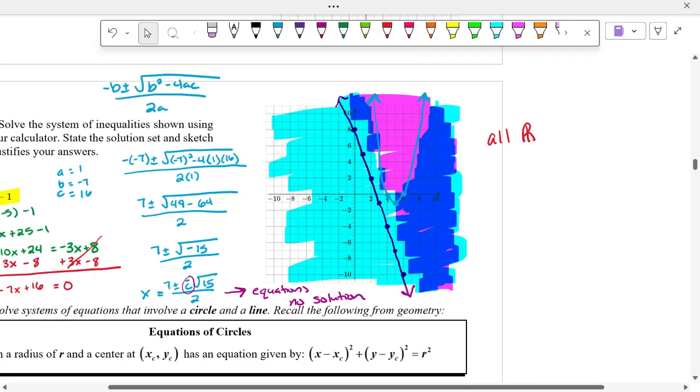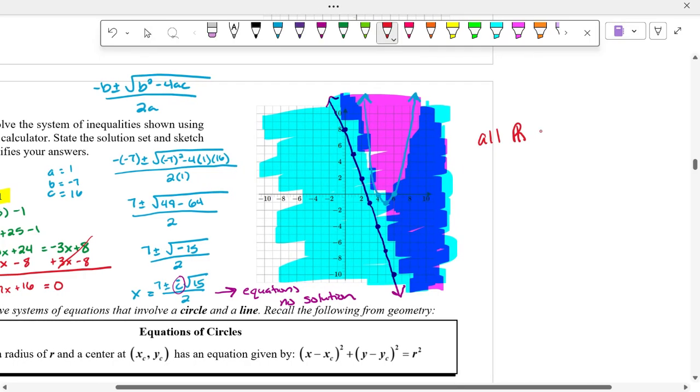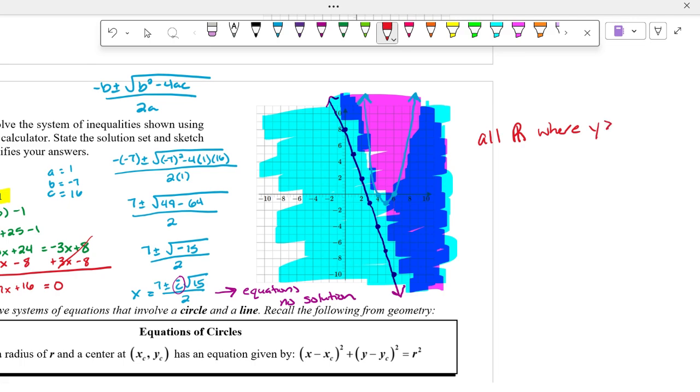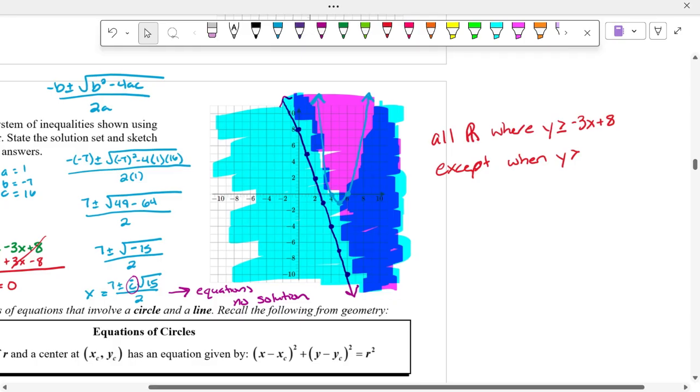It would be all real numbers where y is greater than or equal to negative 3x plus 8, except when y is greater than our original, x minus 5 squared minus 1.